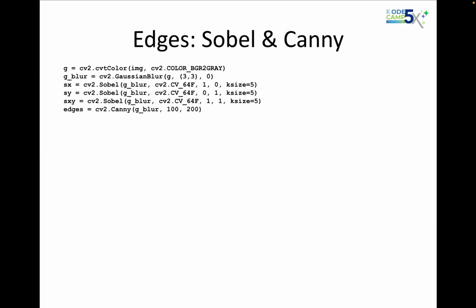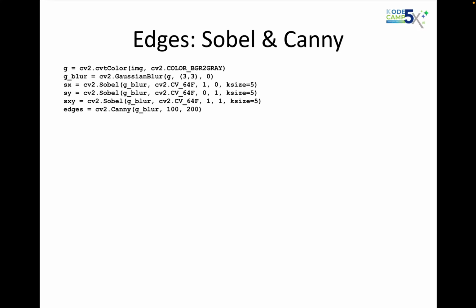Then after converting the image to grayscale, we can play with some edge detection algorithms. There's Sobel and there's Canny. You can choose to use any one.